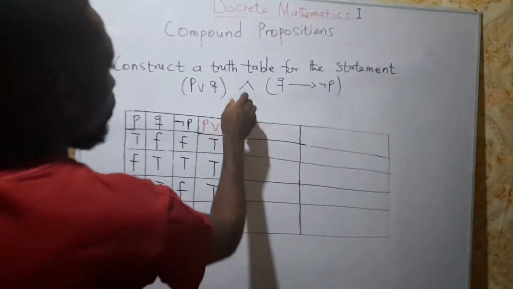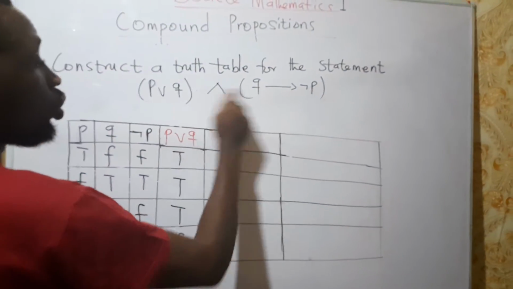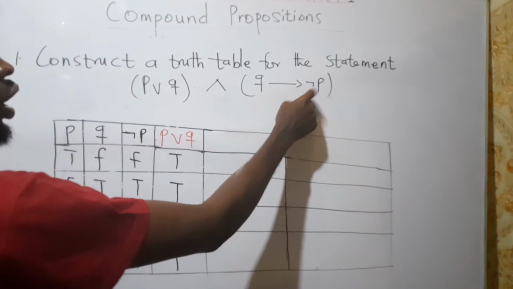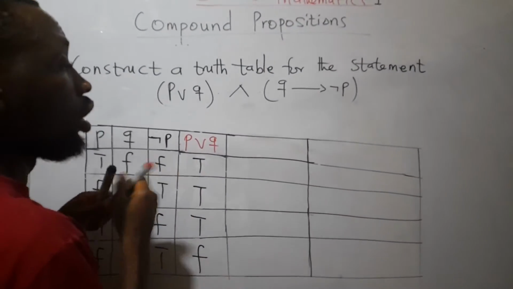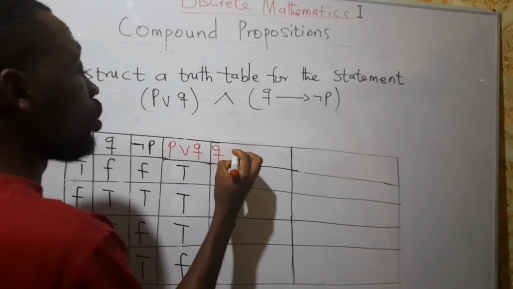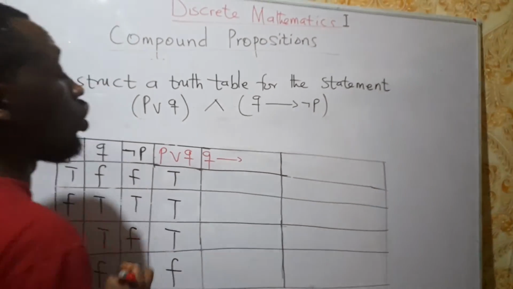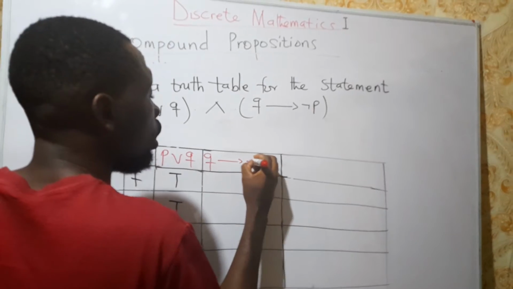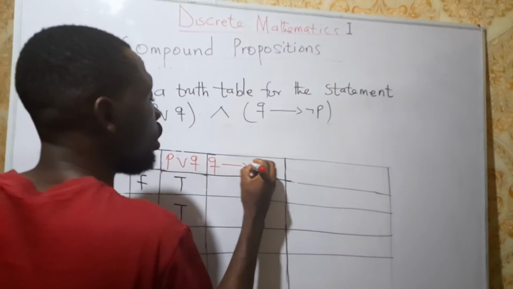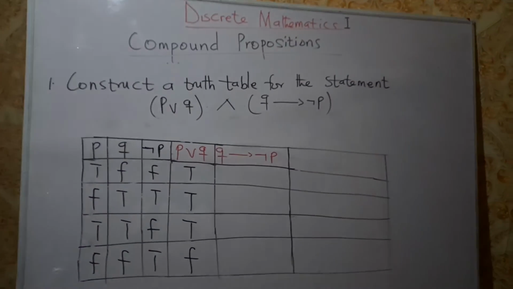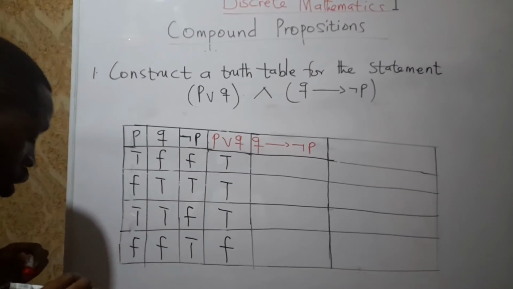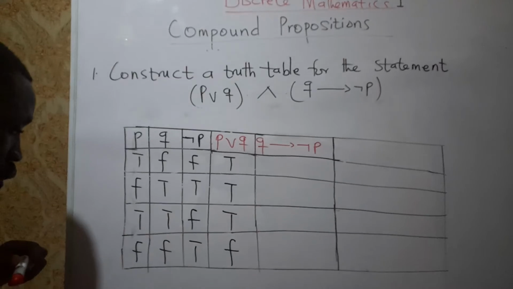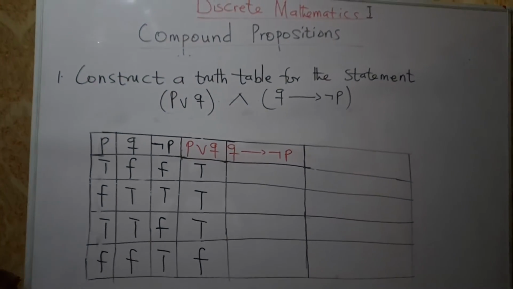So remember, this is combining these two. So we need to find the true values for this statement as well. That's Q, the conditional of negative P. Remember, a conditional statement is only false when the hypothesis is true and the conclusion is false.